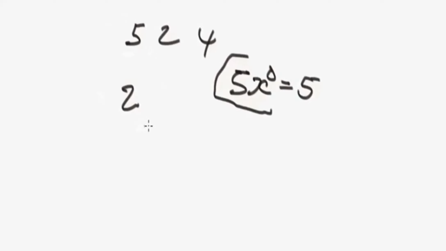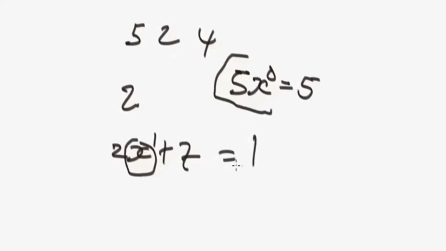Okay, so let's look at the next polynomial. Next after the constant is a linear polynomial. For instance, I have 2x plus 7. A linear polynomial is a polynomial in which the highest power of x is 1. In this polynomial, this is x, and the power of x here is 1. So the degree of a linear polynomial is 1.